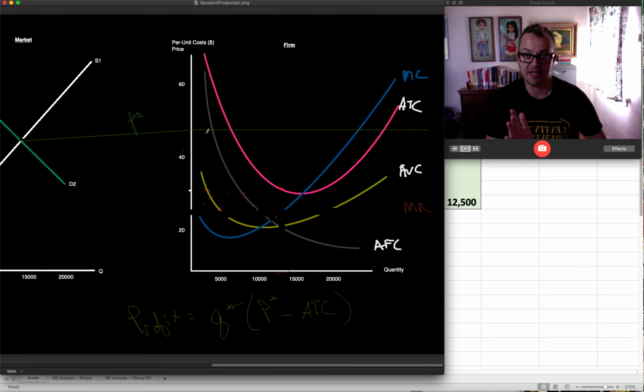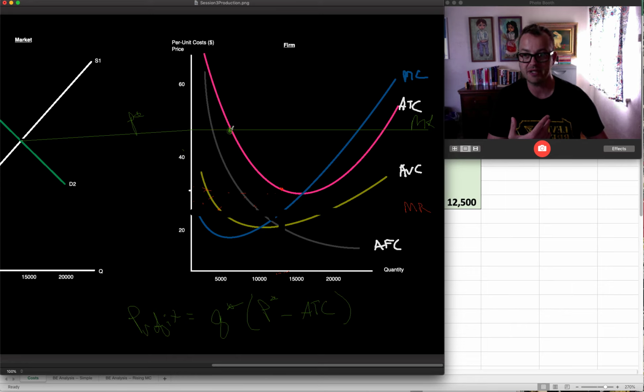We're getting a marginal revenue here, or that's the price that's coming in. But this average total cost is quite high. Anytime average total cost is greater than price, we're losing money. That makes this a negative term. So profit is negative all along until this point.